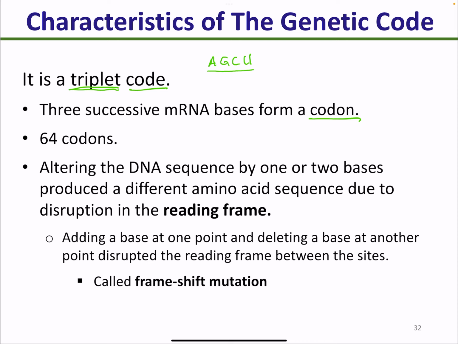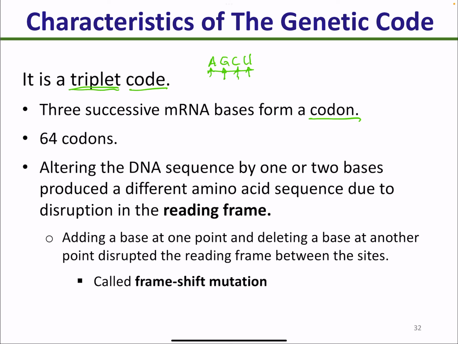We know that if one single nucleotide was to represent an amino acid, we would only have actually 1 amino acid for A, 1 amino acid for G, 1 amino acid for C, 1 amino acid for U. Now, we know that in nature we have 20 different amino acids.